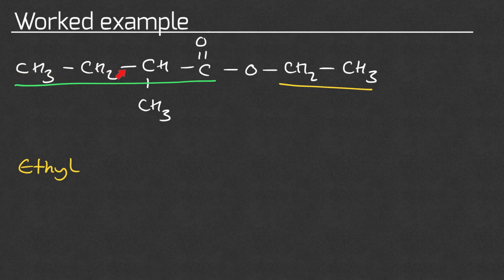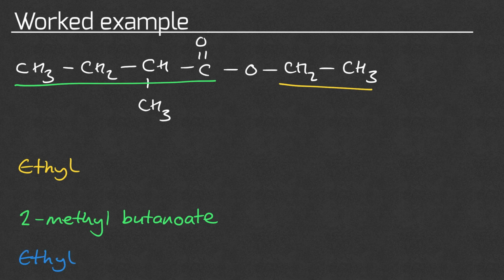We can see there are 4 carbons in the longest chain, with a methyl group on carbon 2. This means the part of the name from this part of the molecule will be 2-methyl butanoate. 4 carbons in the chain, a methyl group on carbon 2. Putting both parts of the name together will give us ethyl 2-methyl butanoate.